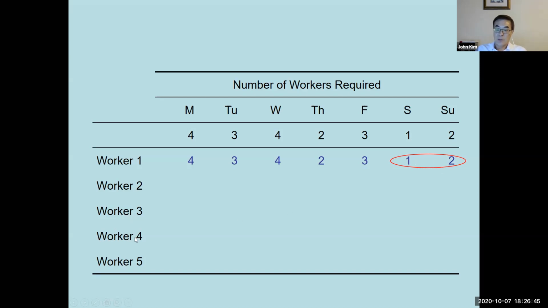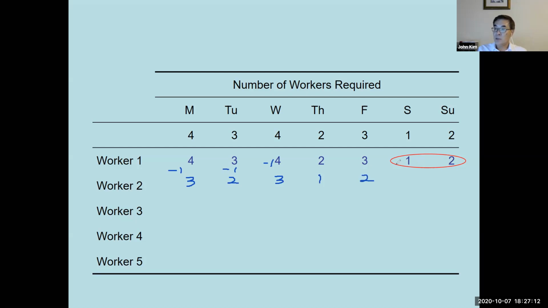So, because worker 1 is assigned those days, subtract 1 from here, then it will be 3, minus 1 will be 2, minus 1, and it will be 3, and 1, 2.